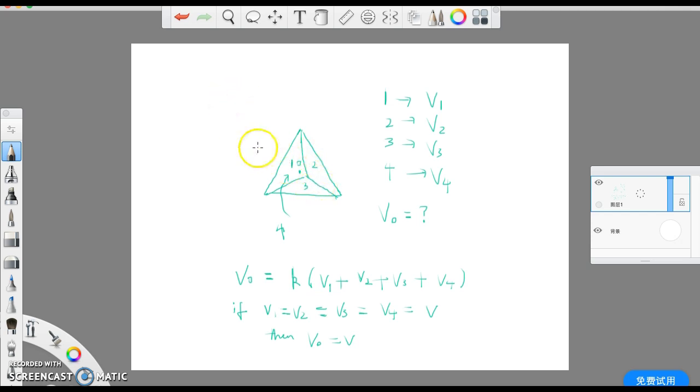Inside the cavity of a conductor, the potential is the same as the conductor, because there is no isolated charge inside the cavity. That goes back to the high school level physics, right?